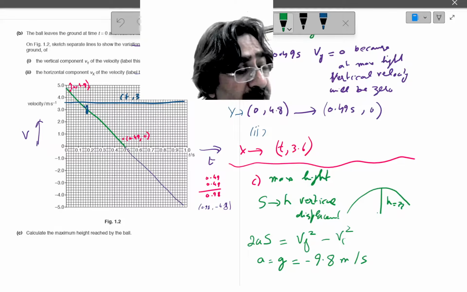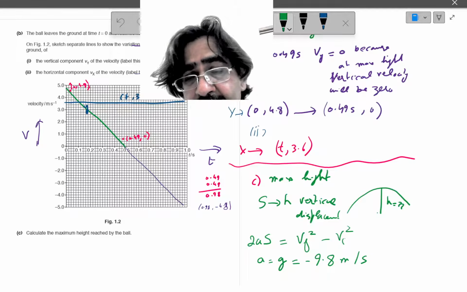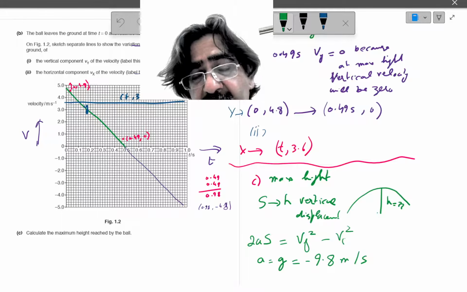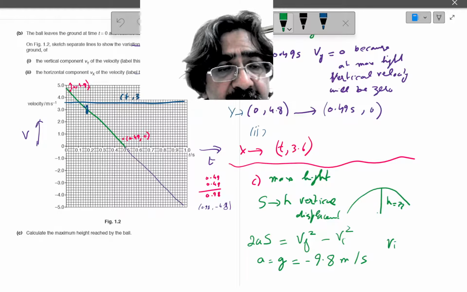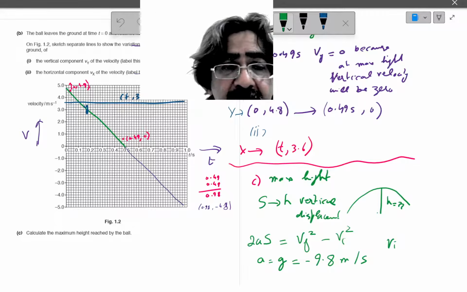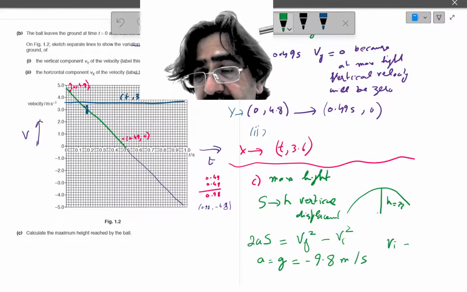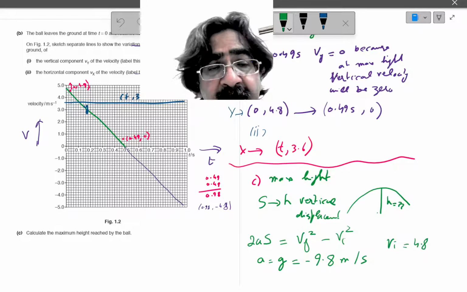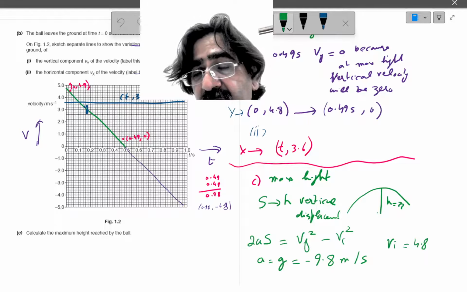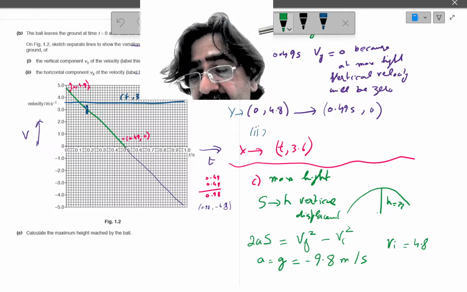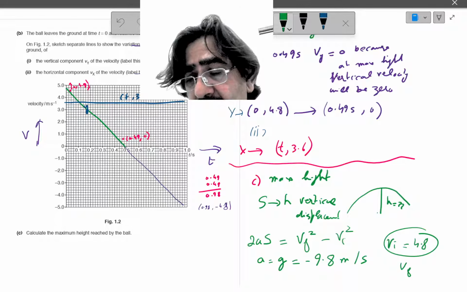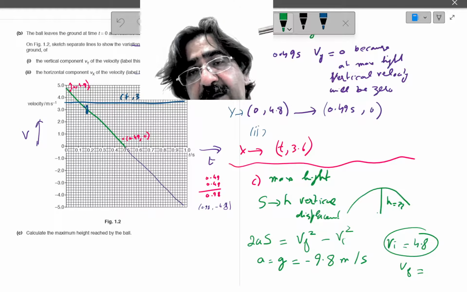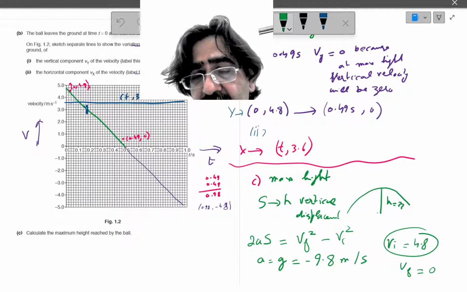Vi, the initial vertical velocity, according to this graph for y, is 4.8 at t equal to 0. The final velocity is 0, because at maximum height the ball will stop.